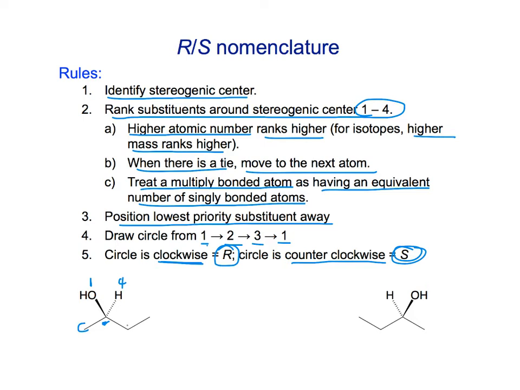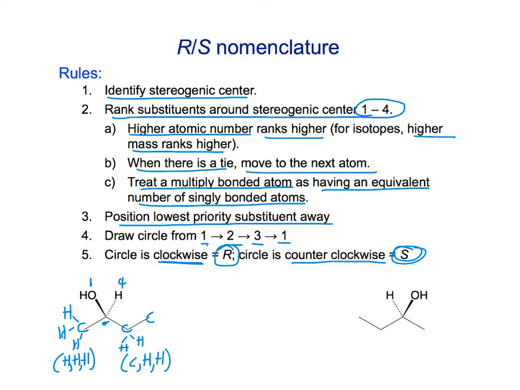We then compare the other two atoms. We have a carbon here and a carbon here, so we have a tie. So we then look at what's attached to those two carbons. This carbon on the left has 3 hydrogens attached to it, so we can write this out as H, H, H. The carbon on the right has a carbon and 2 hydrogens attached to it: carbon, hydrogen, hydrogen.